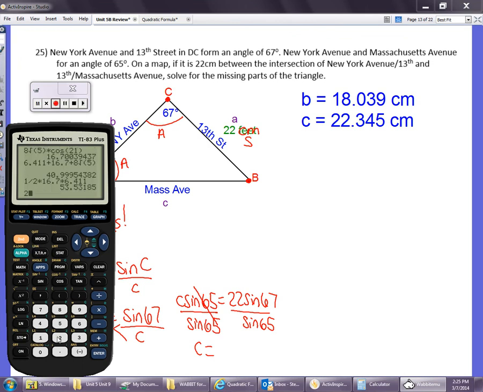So I have 22 sine 67, close parentheses. If you don't close parentheses, you're going to get a different answer. Divided by sine 65. And I get 22.344. Remember, if the fourth number is bigger than 5, you have to round up. And that's why side C is going to be 22.345 centimeters.